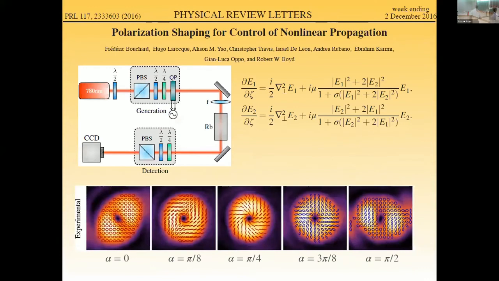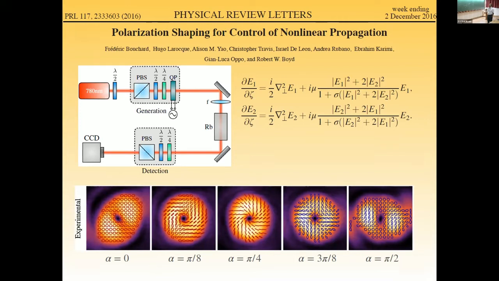Now, Professor Bob Boyd has shown that in rubidium vapor, they have sent two beams, and this beam is generated by this PBS polarization beam splitter and this λ/2, λ/4 plate as well as the quarter wave plate, to generate this inhomogeneity of the polarization and then propagate through this atomic vapor.